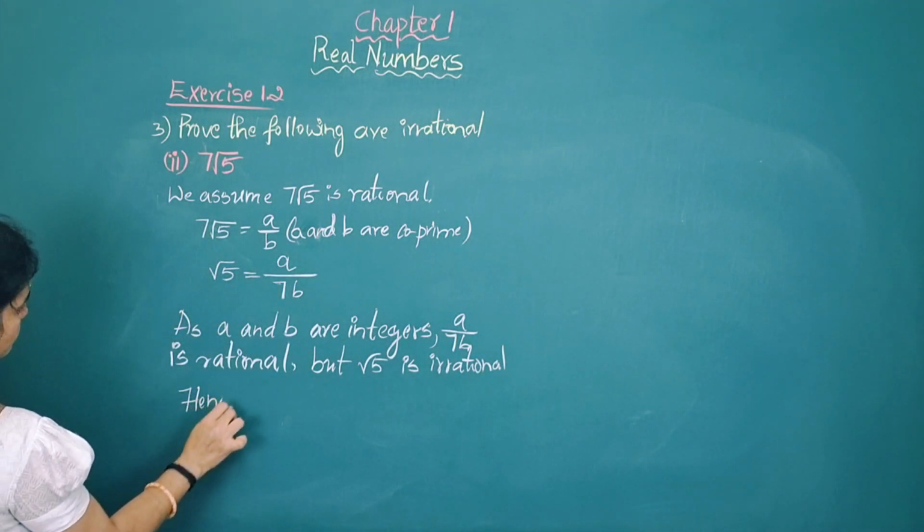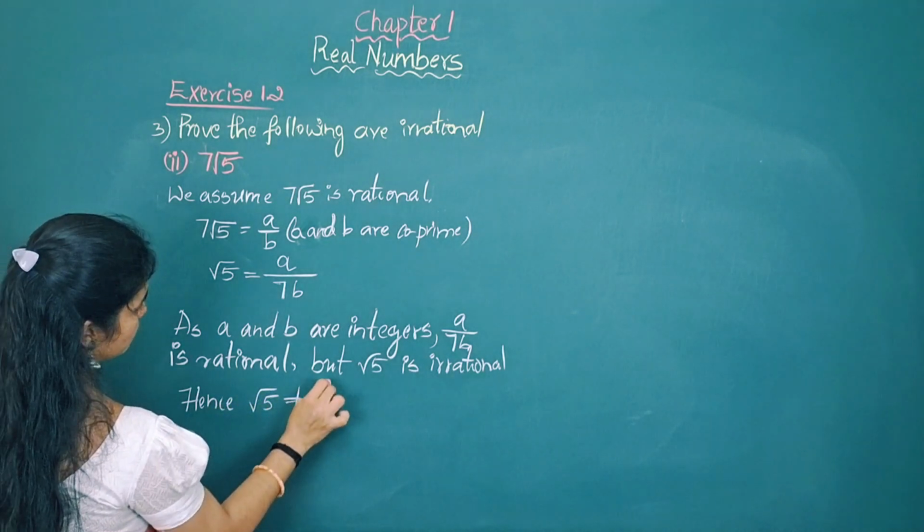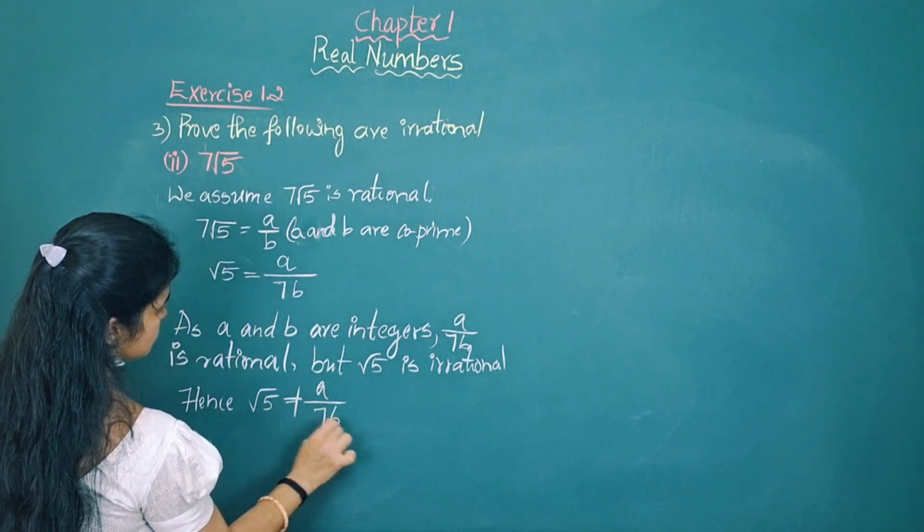Hence, root 5 cannot be equal to a by 7b.